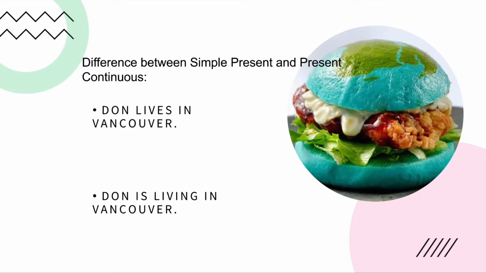Don lives in Vancouver. Don is living in Vancouver. In the first sentence, I use simple present because I think that this state is more or less permanent. But in the second sentence, I use the present continuous because I think this situation might be temporary, meaning it's going to end soon.